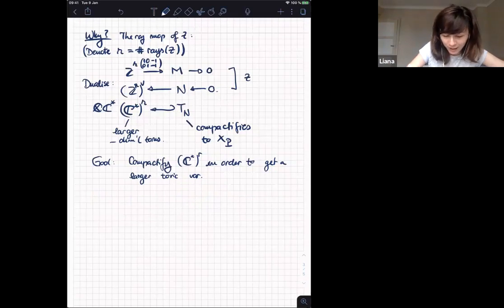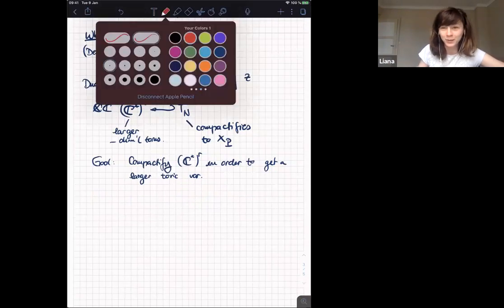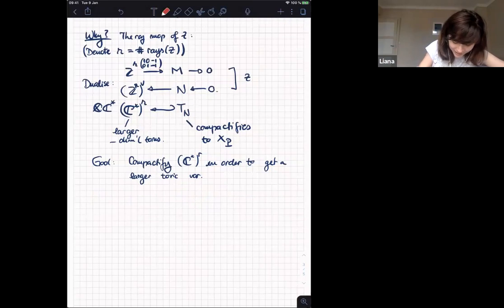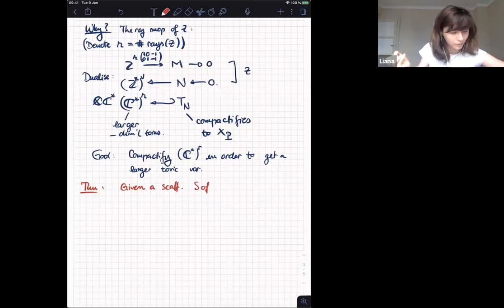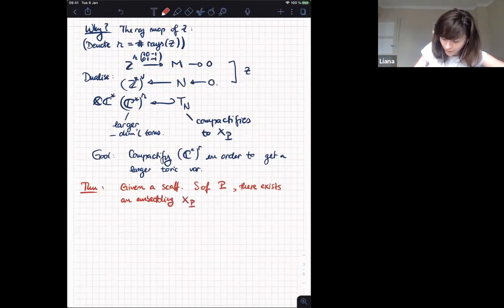Right. So now the theorem, of course, I'm not going to find the compactification because these people already have found the compactification. So the theorem is as follows. Given a scaffolding S of P, there exists an embedding of XP into Y. Y is a toric variety.